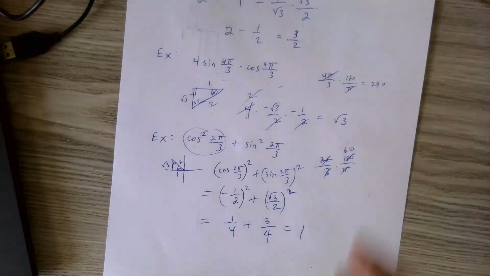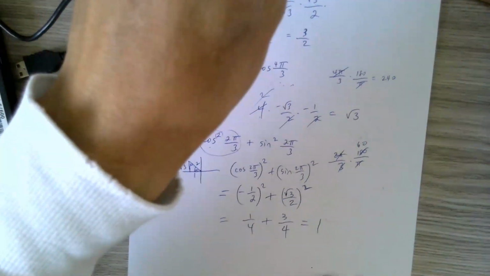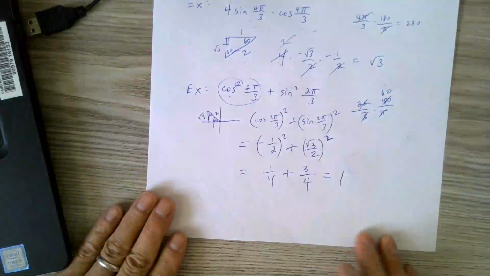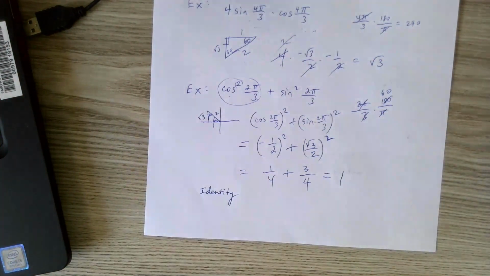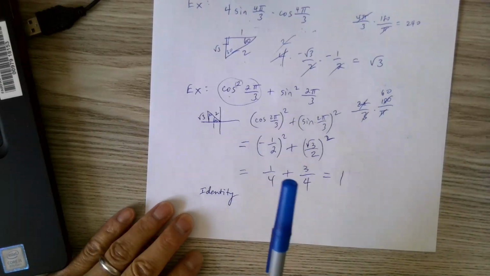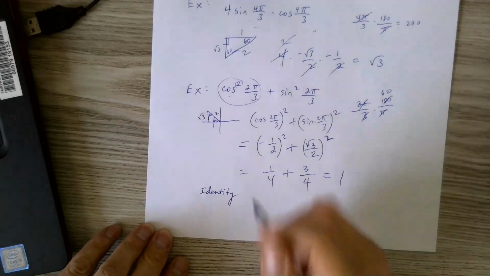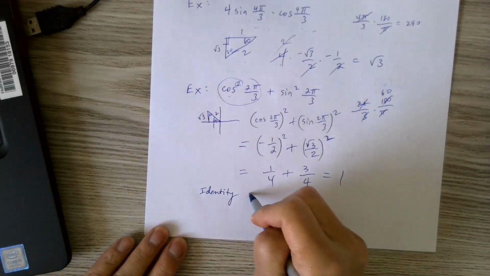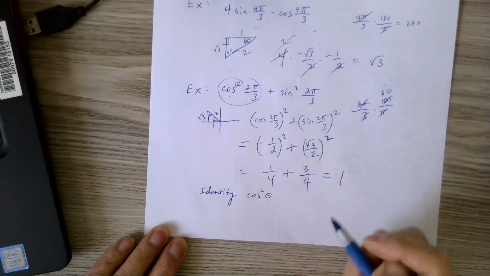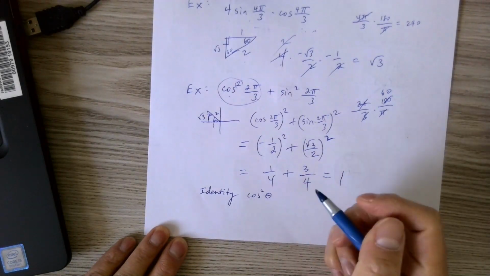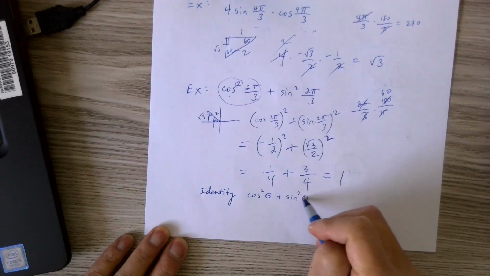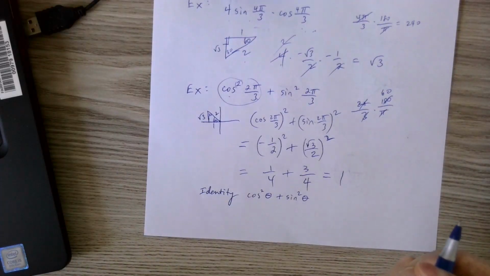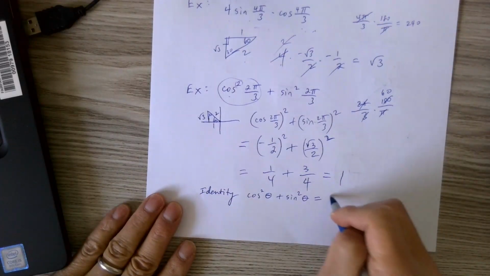Which is what we would have expected, because this example is an illustration of what's called an identity. We won't talk about identities until chapter 14, but this is such a convenient one, I'll go ahead and explain it now. There's an identity that states if you have the cosine of any angle theta squared, and you add it to the sine of that same angle squared, the result will always be 1.